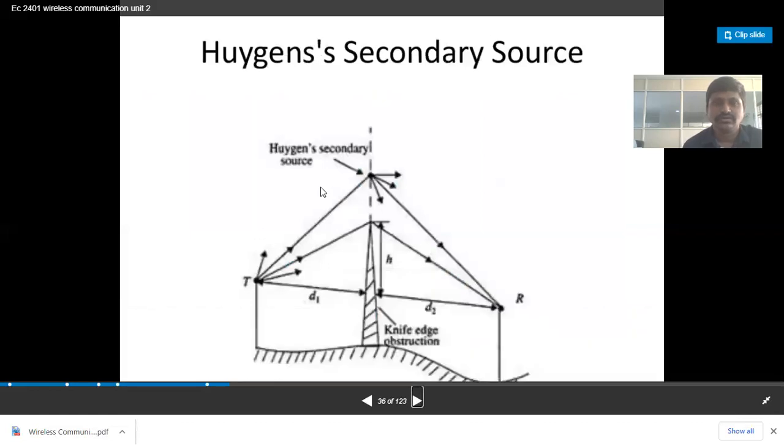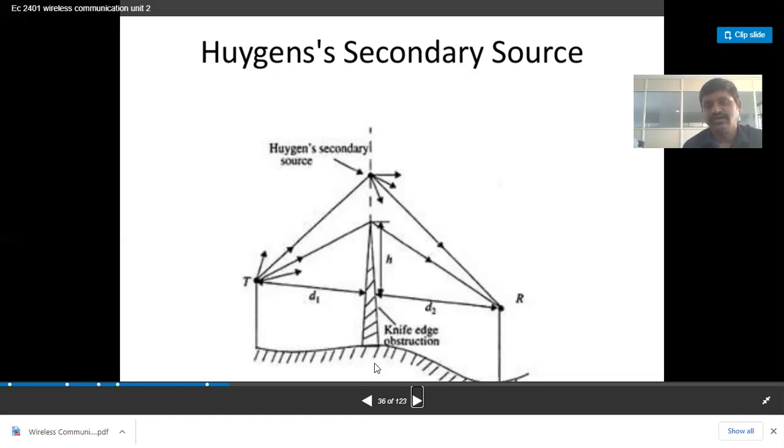In this example, this is a transmitter and this is the receiver. Between the transmitter and receiver, Huygens secondary sources, meaning secondary wavelets, will transmit, and this will have sufficient energy to reach the receiver. Instead of line of sight, it will travel like this.